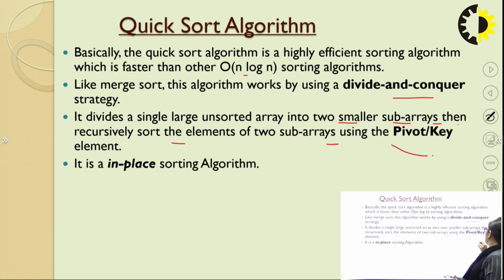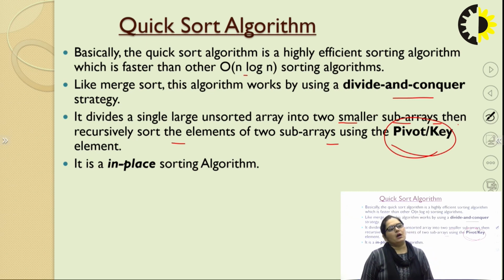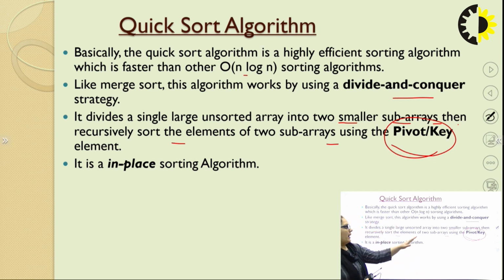This is the main key point of quick sort. Quick sort is totally based upon the pivot element. We choose any one element as the pivot element or key element, and with the help of that pivot element we sort the elements of the given array.